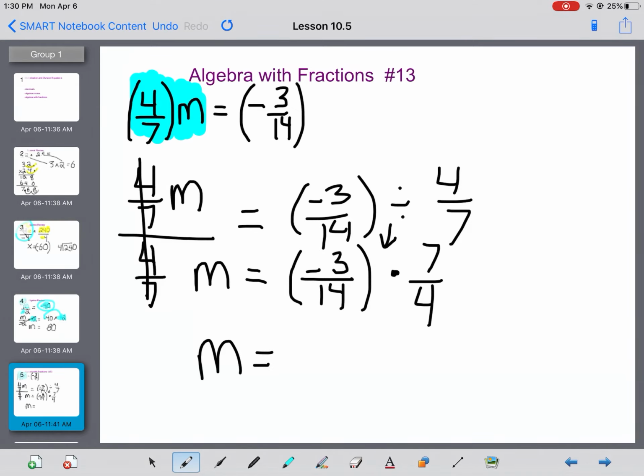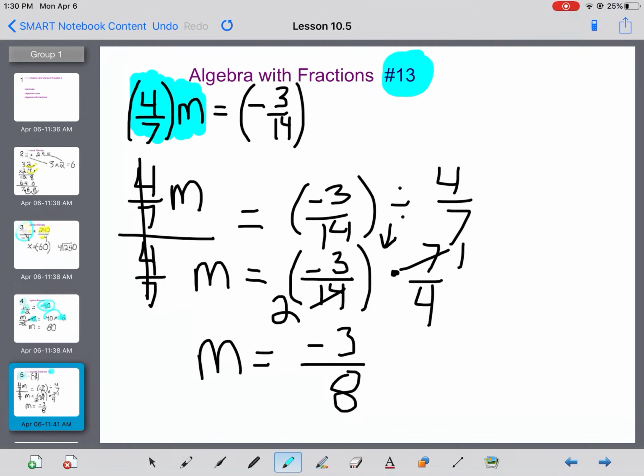Again, grade 7, you don't have to, but it does make your numbers easier in the end. So I'm going to cross cancel. I'm going to divide by 7 on the top and on the bottom over here. So I get -3 times 1. So I get -3. And then I get 2 times 4, and I get -3/8.